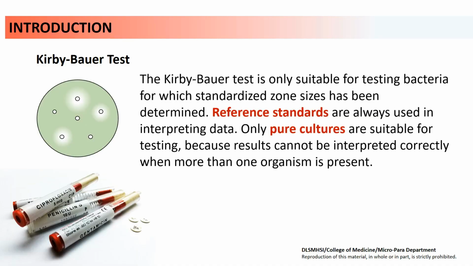The Kirby-Bauer test is only suitable for testing bacteria for which standardized zone sizes have been determined. Reference standards are always used in interpreting data. Only pure cultures are suitable for testing, because results cannot be interpreted correctly when more than one organism is present, because different organisms have different reactions to antibiotics.